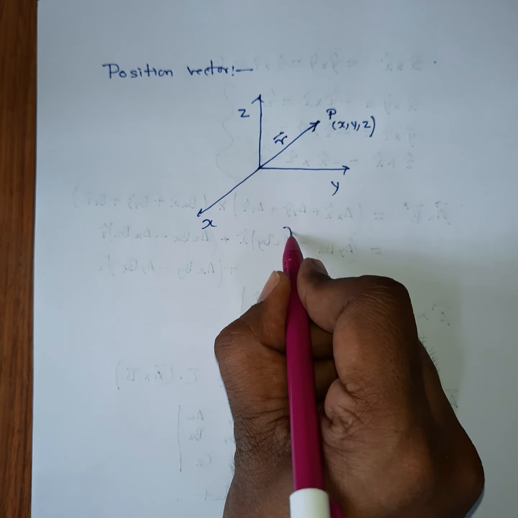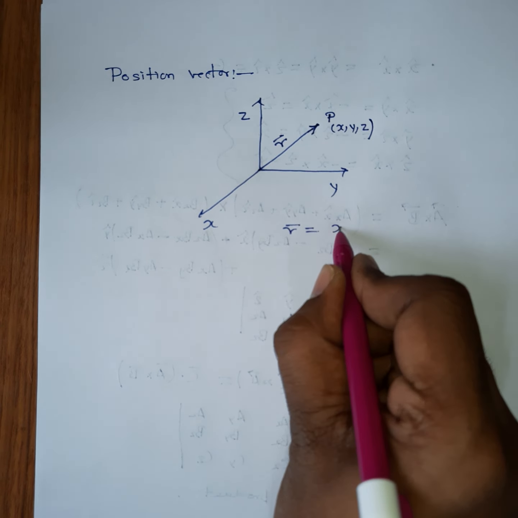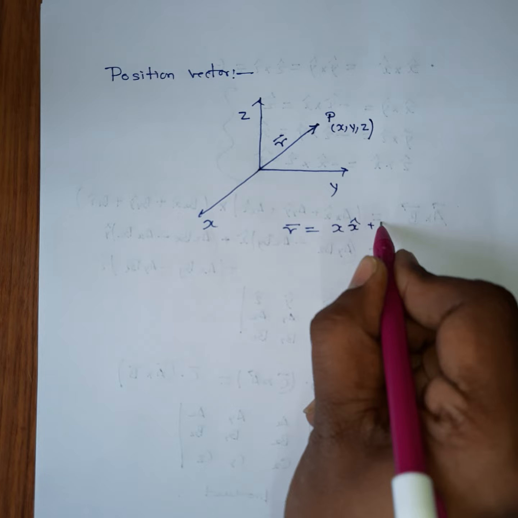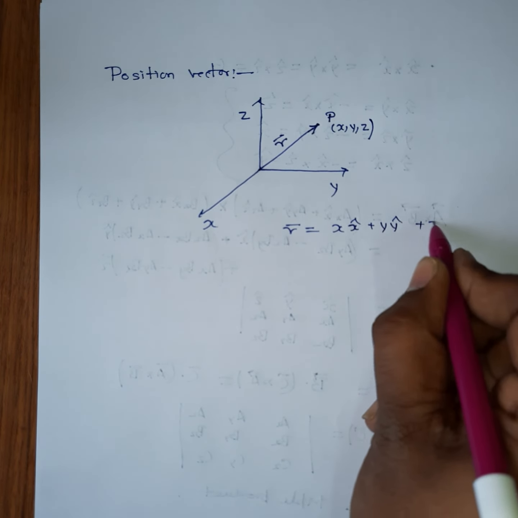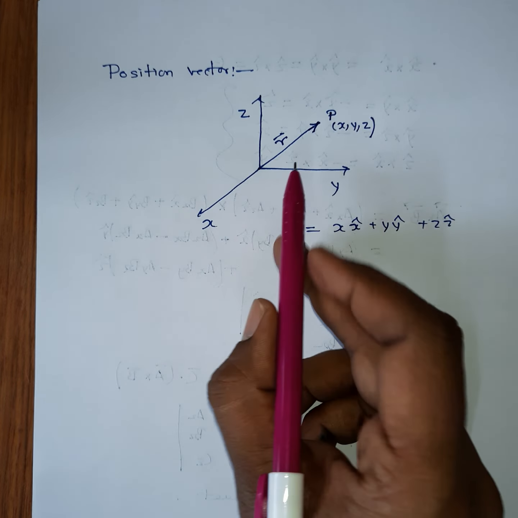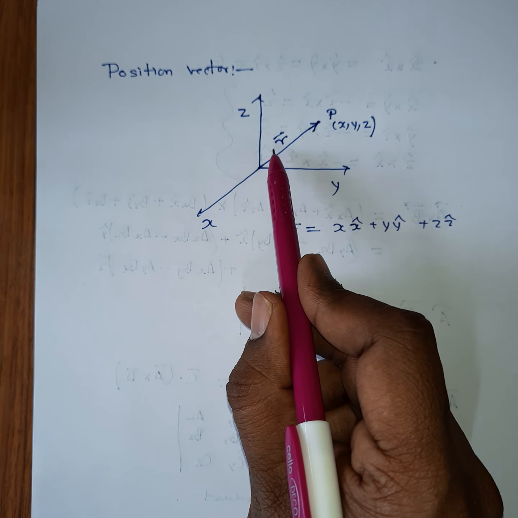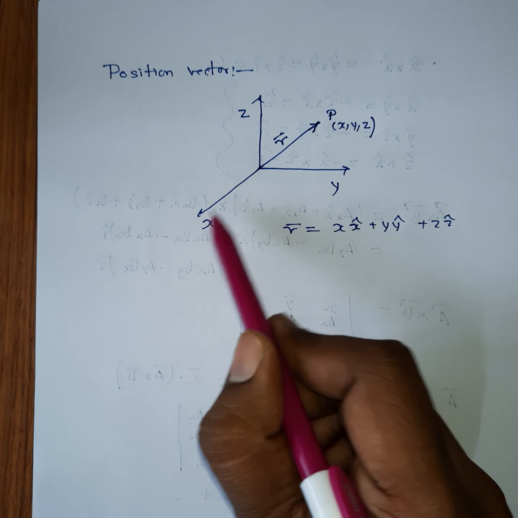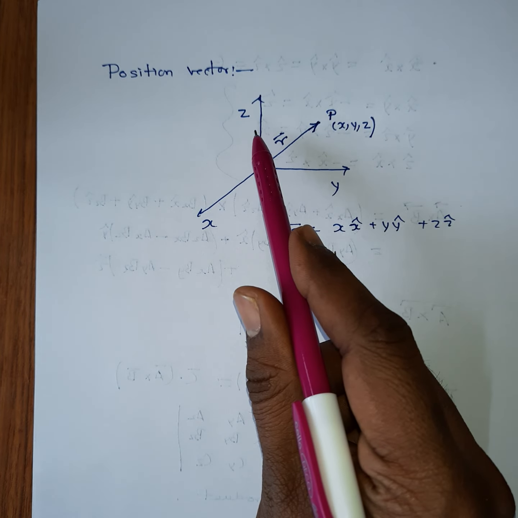So r vector can be written as x x cap, y y cap, z z cap. So x, y and z are the components of this position vector along the x axis, y axis and z axis.